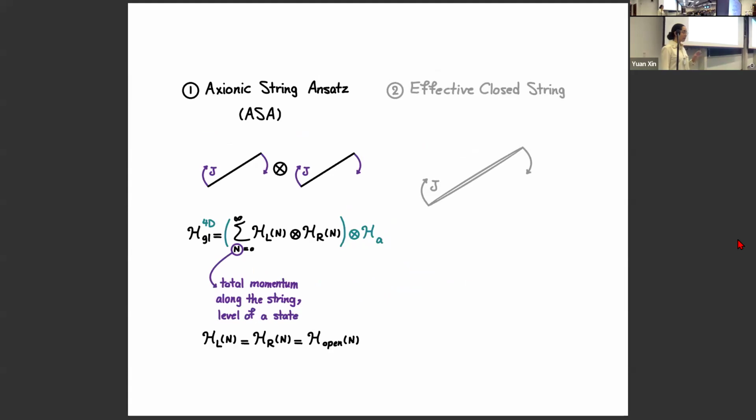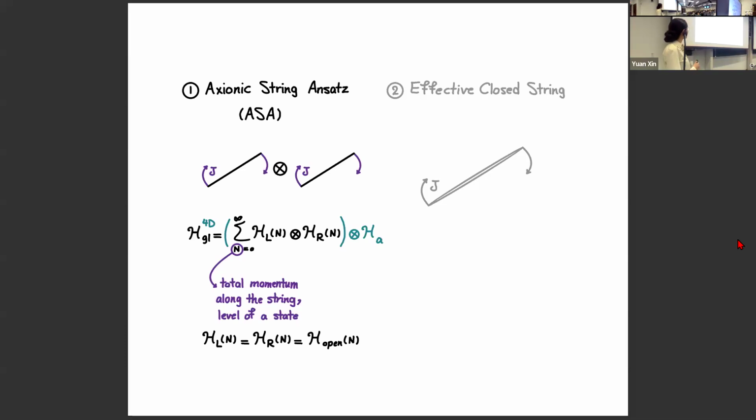For the rest of the talk, I want to show you some lattice data and do some comparison. Before that, though, I have to emphasize that we have two different ways of describing this string description of glueballs. One is the axionic string ansatz, or ASA, that assumes we have two open strings and then follow a tensor structure, which means we have to calculate the multiplicity of the states.